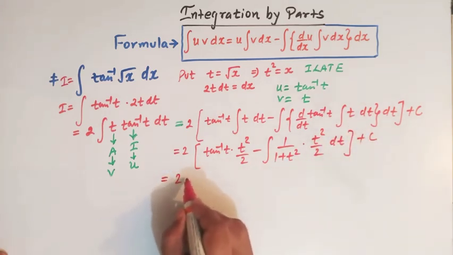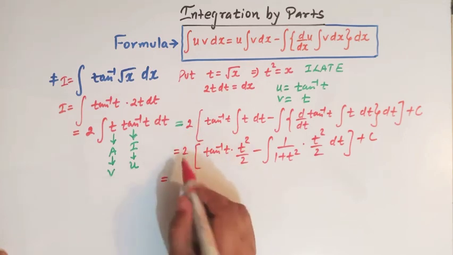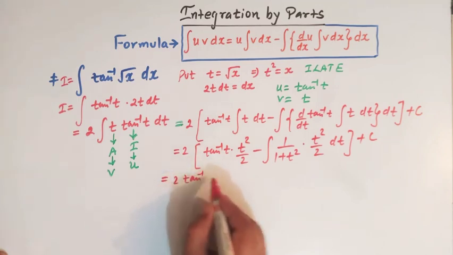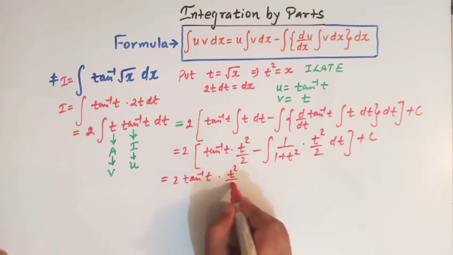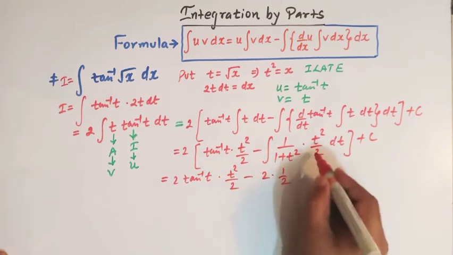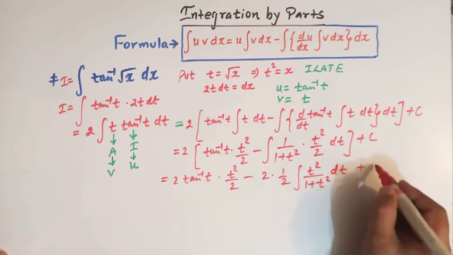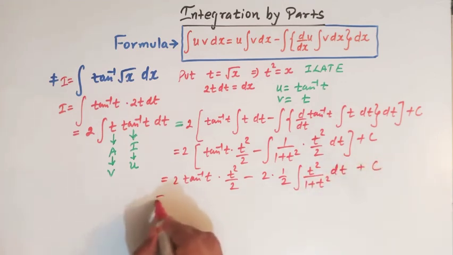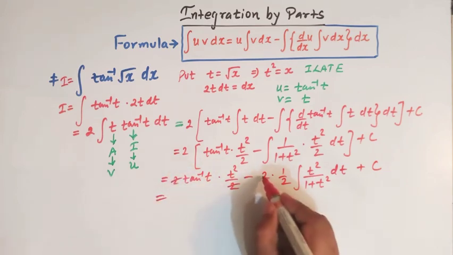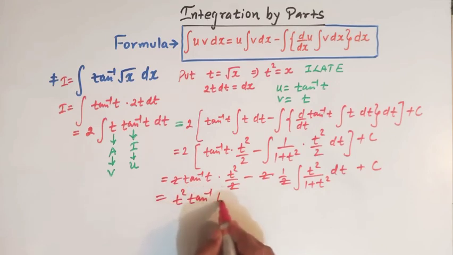So this can be written as, if we multiply it by 2, 2 tan inverse t times t square by 2 minus 2 times half, t square divided by 1 plus t square dt, plus c. So this 2 and this 2 get cancelled, this 2 and this 2 get cancelled, so we have t square tan inverse t minus this t square.